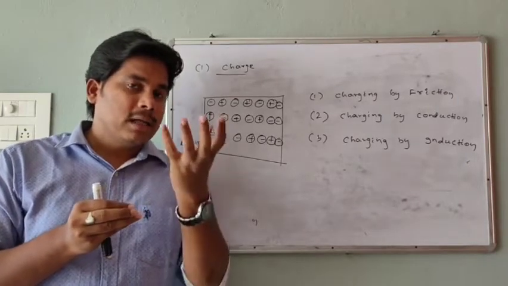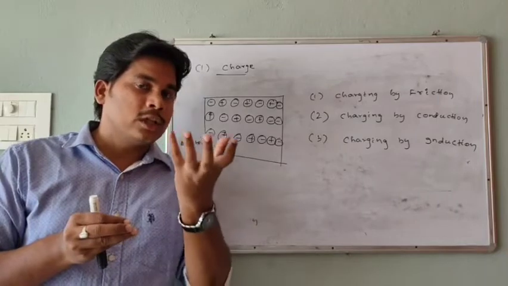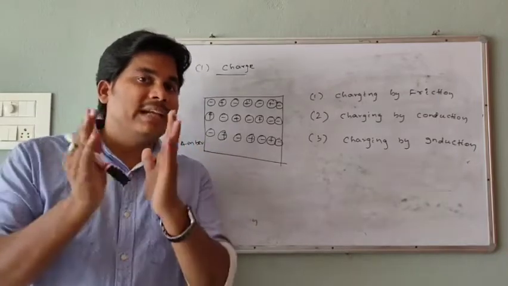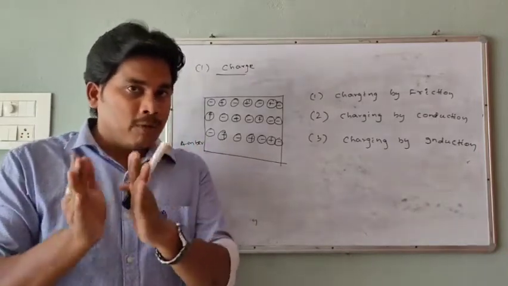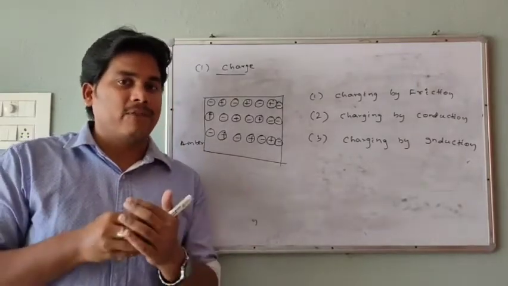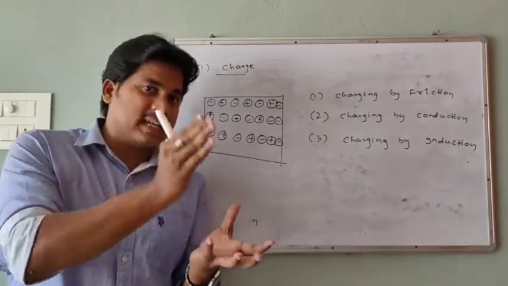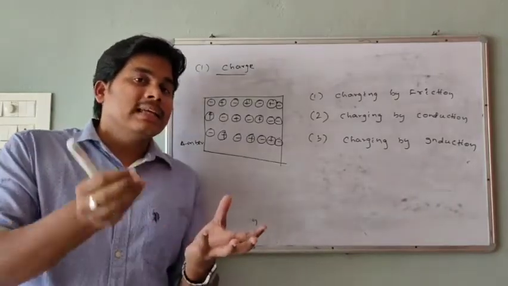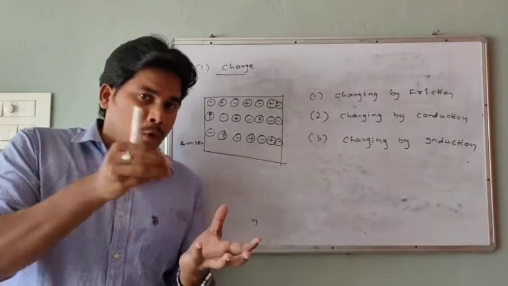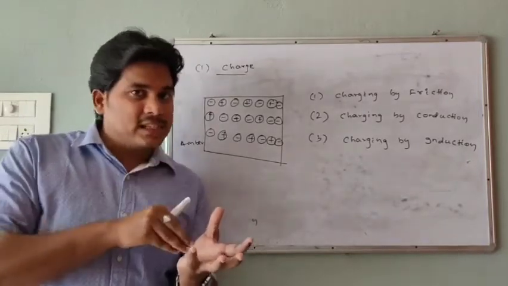Then the number of positive charges and the number of negative charges in each surface will differ. If in a surface the negative charges are more than the positive charges, this indicates that it is a negatively charged body.